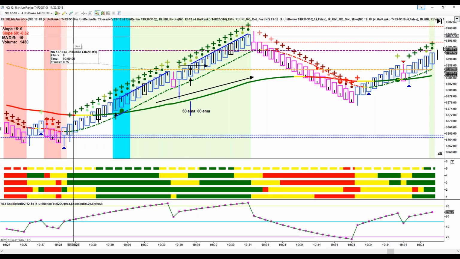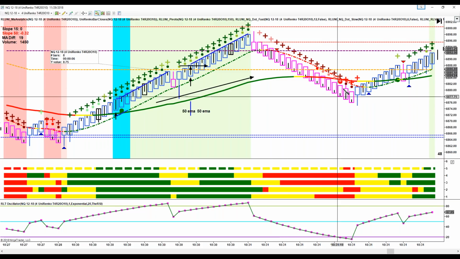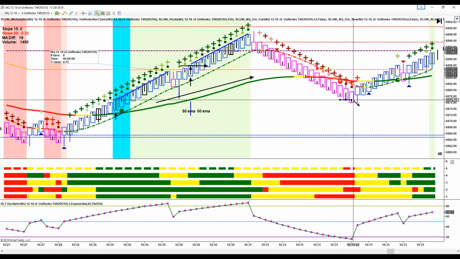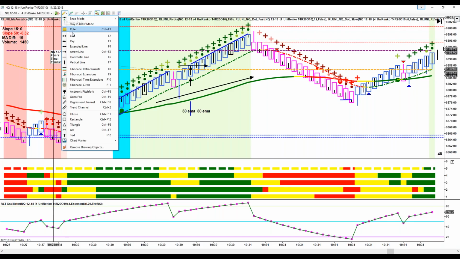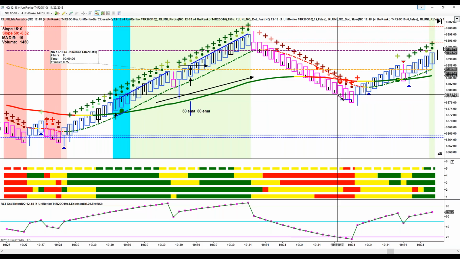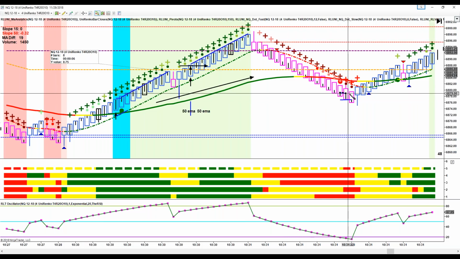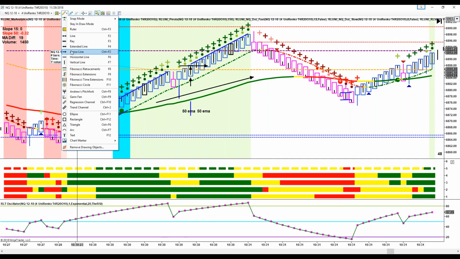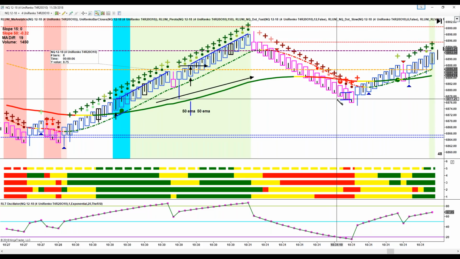That's a good question. So when you're heading down, here's the open. Here's the high. And the low always equals the open.